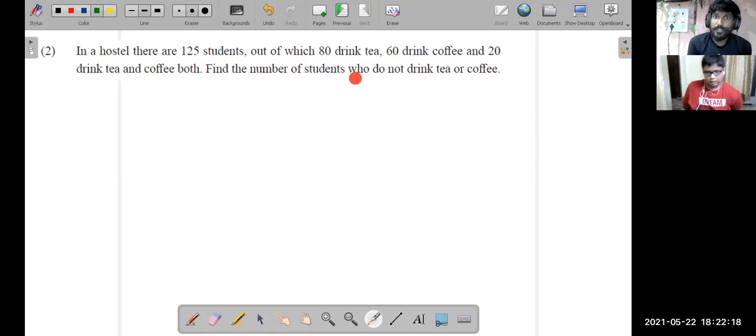Find the number of students who do not drink tea or coffee. Is the question clear? What you have to find out? You have to find the number of students who do not drink tea or coffee. Is it a clear question? Yes or no?